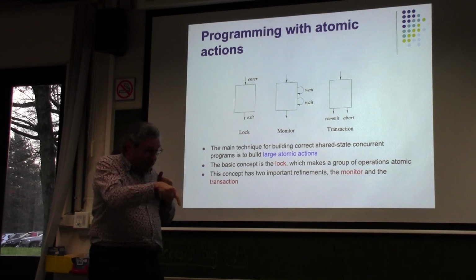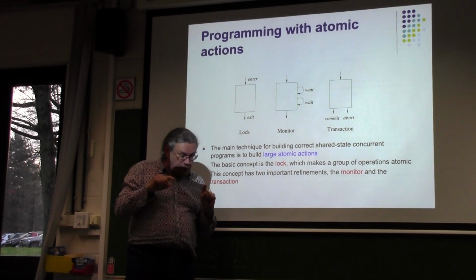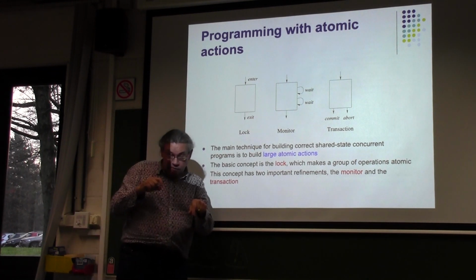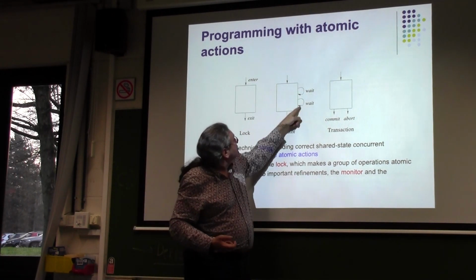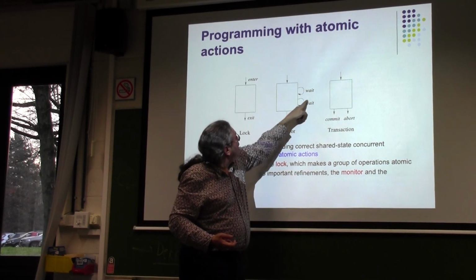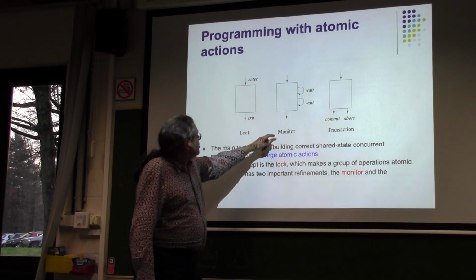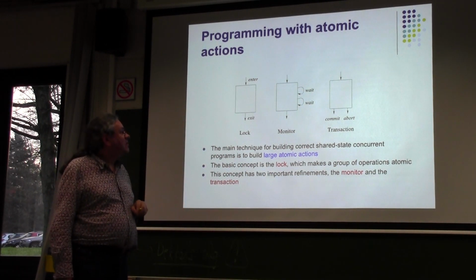So the two threads are kind of coordinating with each other. So threads sometimes have to wait. If the thread is taking an element out, and there's nothing in the buffer, then it has to wait. So a monitor is like a lock plus the ability of threads to wait on conditions. These things are called wait sets. So the monitor is for collaboration between threads.